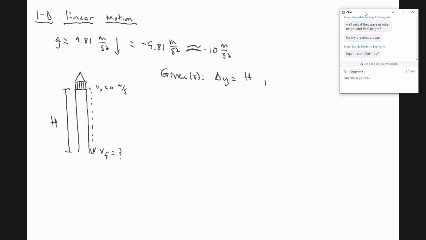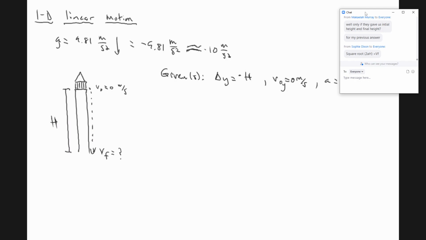I know my v initial in the y direction is 0 meters per second. I know my acceleration is gravity, or negative g. This is negative h, because you're going from top to bottom: final 0, 0 minus the top, which is h. That's all we know, right?